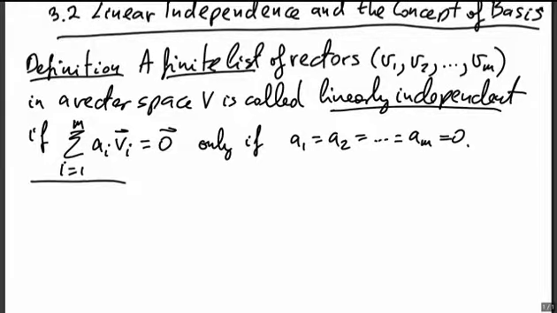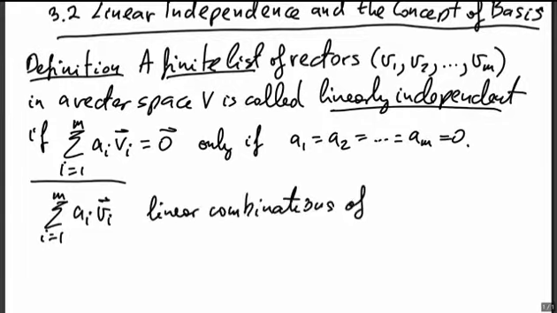Let me remind you that this sum of scalar multiples of vectors v1, v2 through vm, I call these, and many other books call these, linear combinations of the list v1, v2, vm.